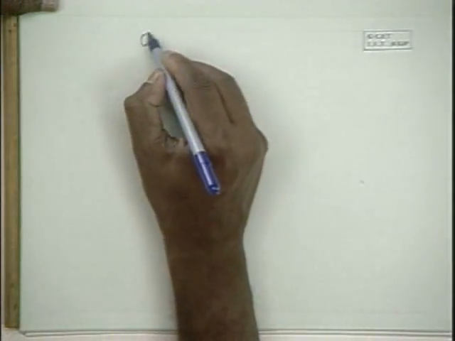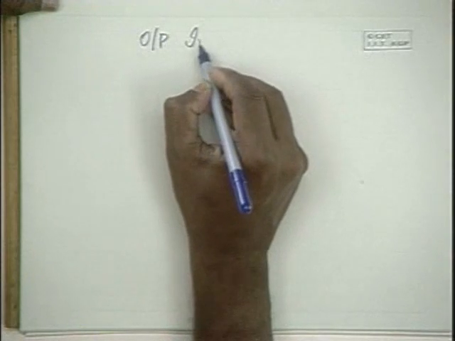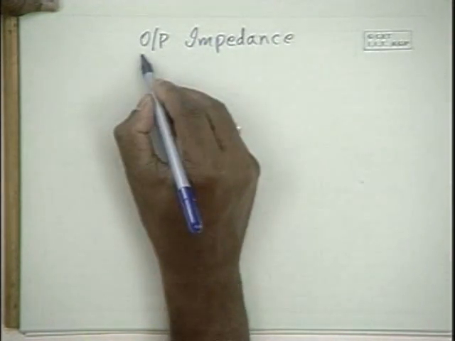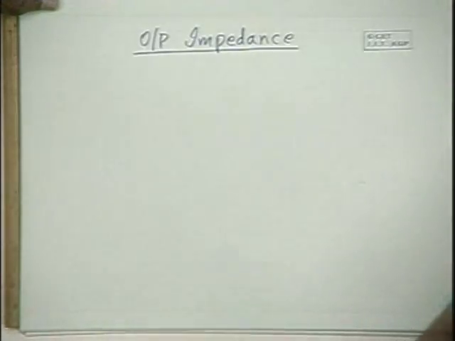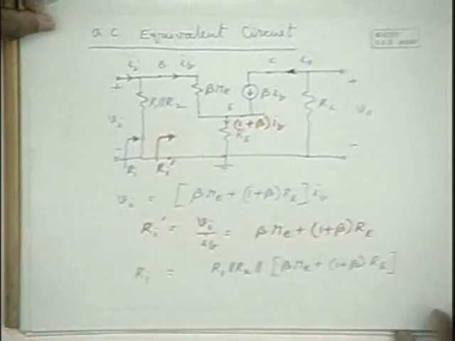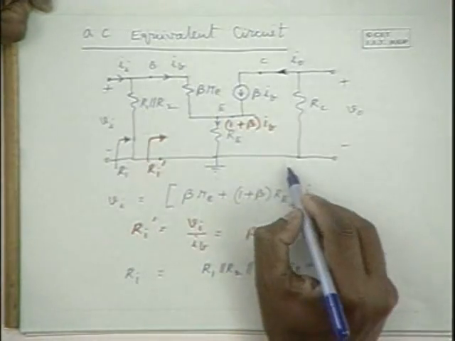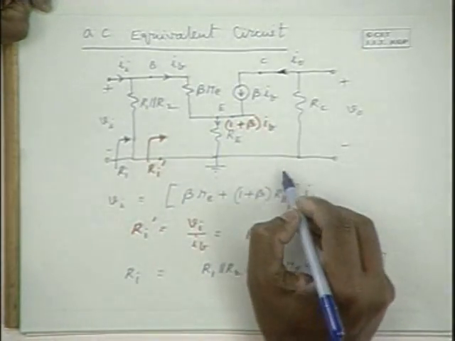Now let us obtain an expression for the output impedance. Output impedance is the impedance looking into these terminals without excluding RC.